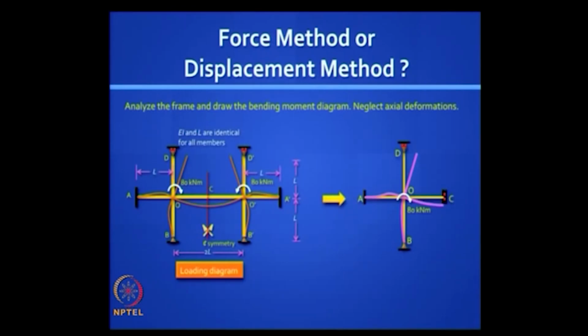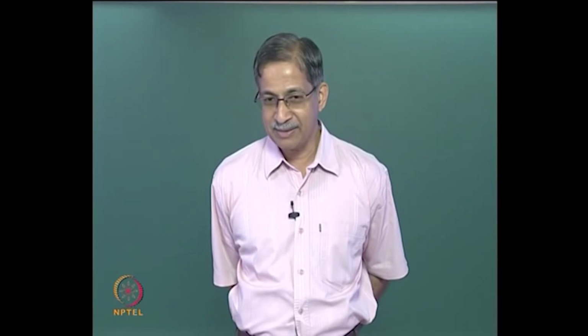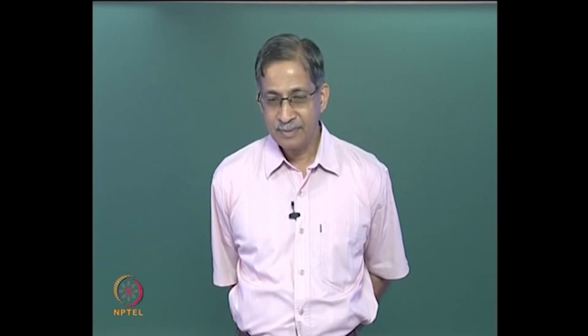So let's look at this reduced frame, let's neglect axial deformations. Tell me what's the degree of static indeterminacy? If it's just a cantilever, it's determinate, right? So you got some extra reactions coming there. How many of them? 1, 2, 3, 4, 5, 6, 7.